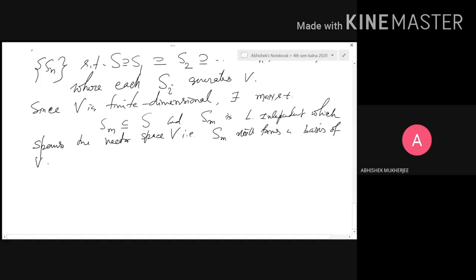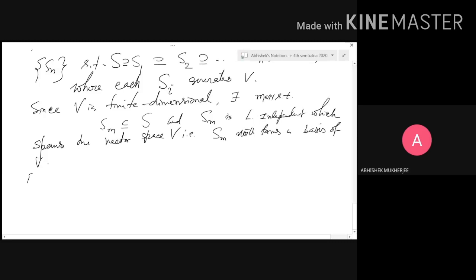And for example, as we have already illuminated an example, Fn, since it is finite dimensional, must have a basis, and the basis has been the set of vectors e1, e2, en.